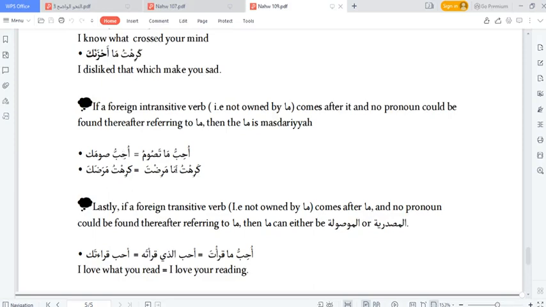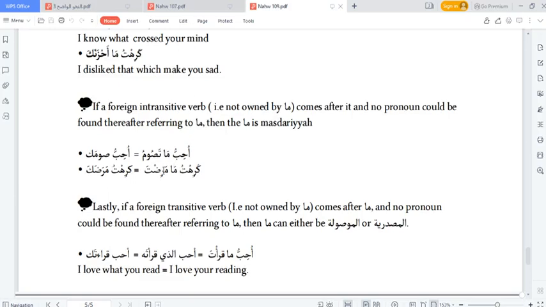Another example: karihtu ma marita. If I'm going to translate this, I have to check. If this is the mausula, there has to be a damir going back to it. Again, this is ta, it can definitely not go back to it. So it does not go back.